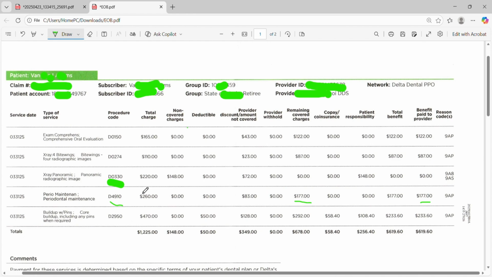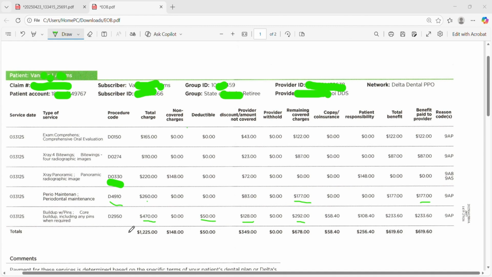The total billed amount is $260, which is the office fee schedule, and the provider discount is $83. So this is the total remaining coverage and the total payment from the insurance provider.